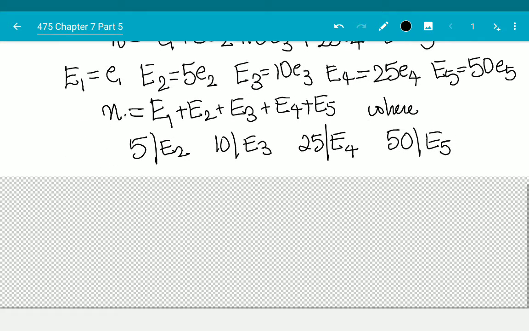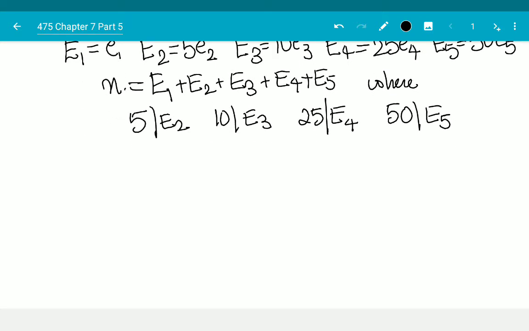And this is very similar to the case where we had one of them needing to be even, one of them needing to be odd.